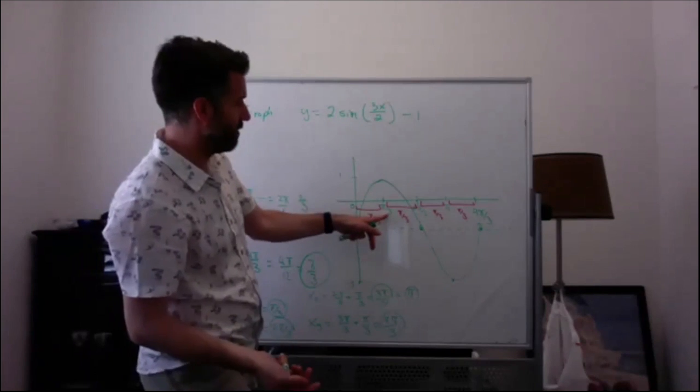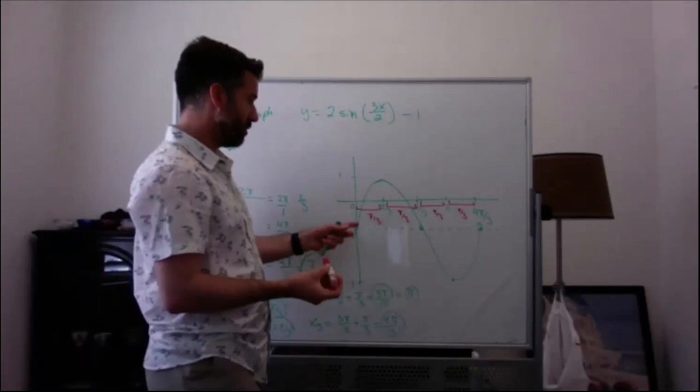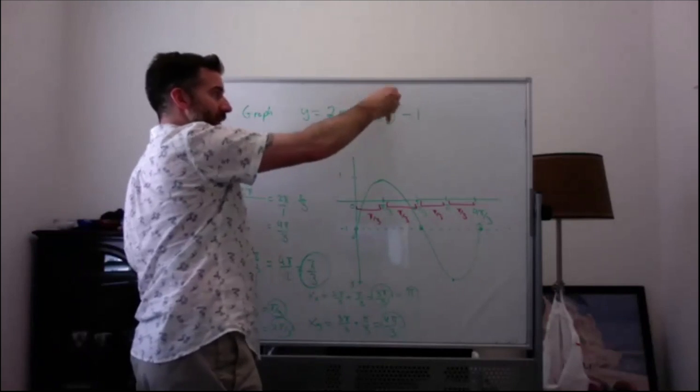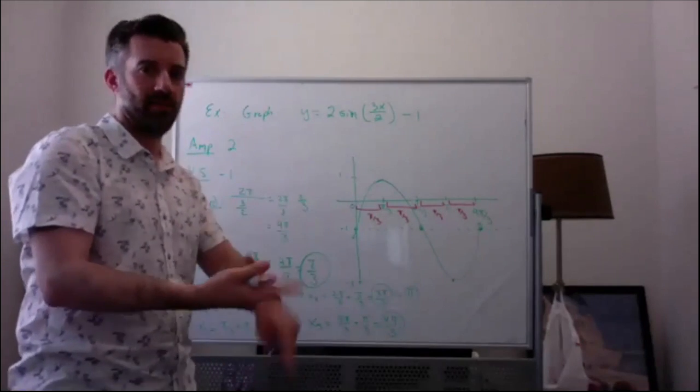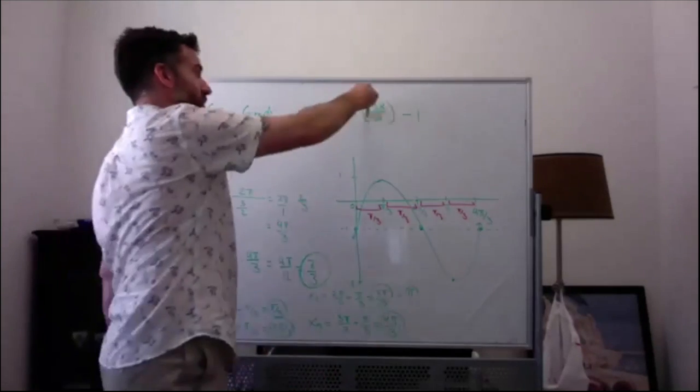Pi over 3 times 3 over 2 is pi over 2. So each of these values, when they get put in for x, the angle actually becomes 0, pi over 2, pi, 3 pi over 2, 2 pi. It's always the same 5 angles after you multiply them by this number.